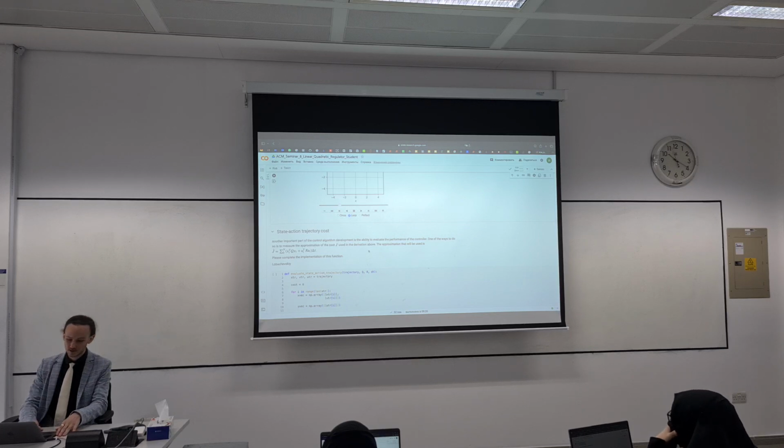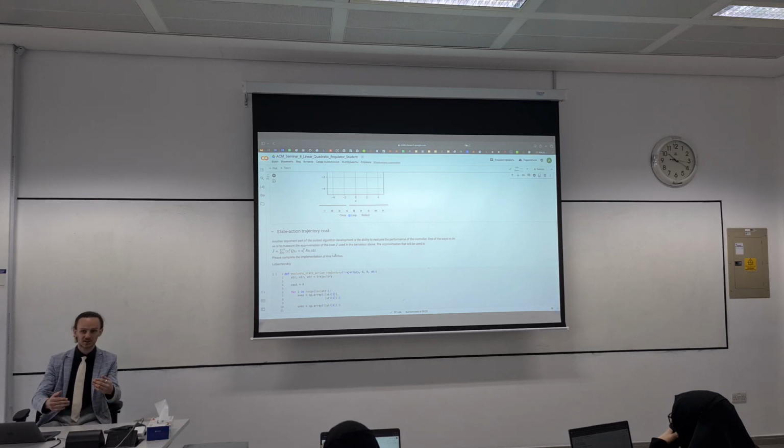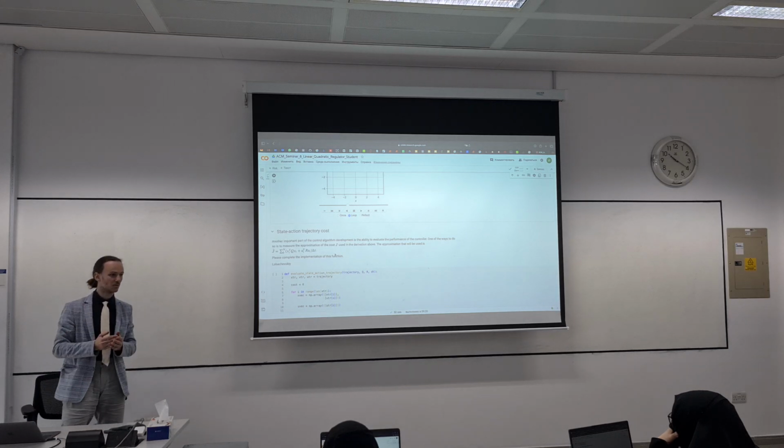We were discussing the continuous version yesterday, and the discrete version here. We're using the discretized version, and we can assess each of the state action trajectories in terms of their cost. What is the state action trajectory? It's the combination of states and actions for each moment in time.